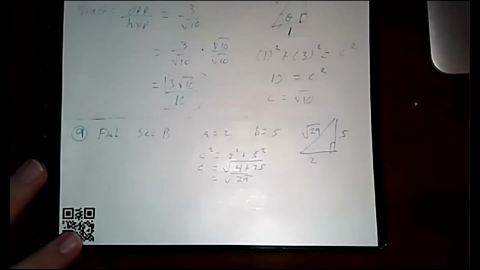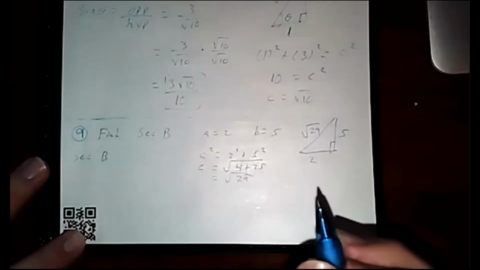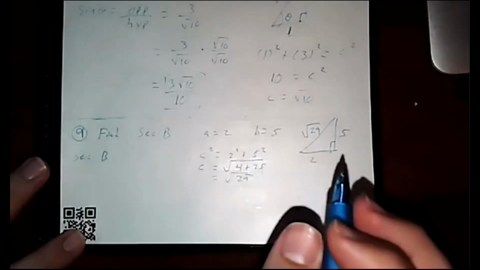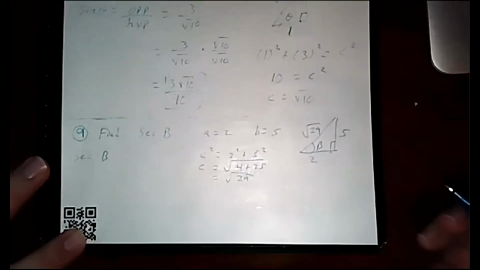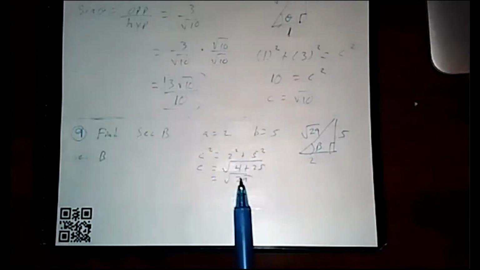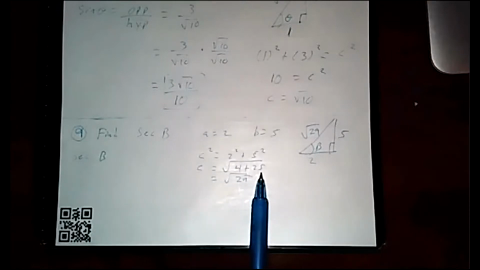Hypotenuse over adjacent. Yeah, so secant of B. All right, I'm going to say that this is B. Four plus 25 over what? Sorry, I was thinking. One more time. Yeah, square root of 4 plus 25.